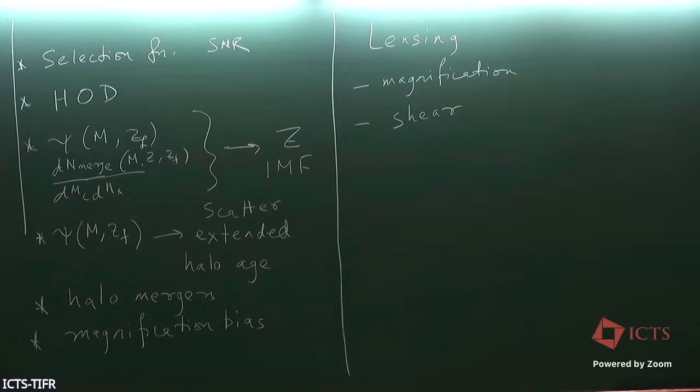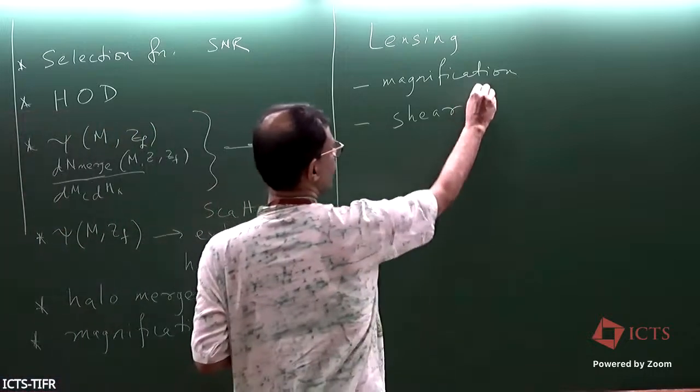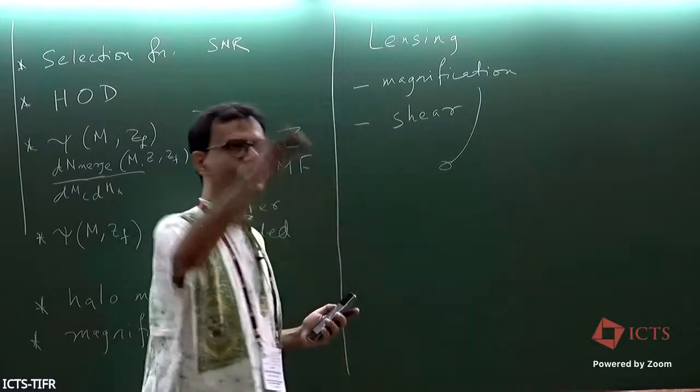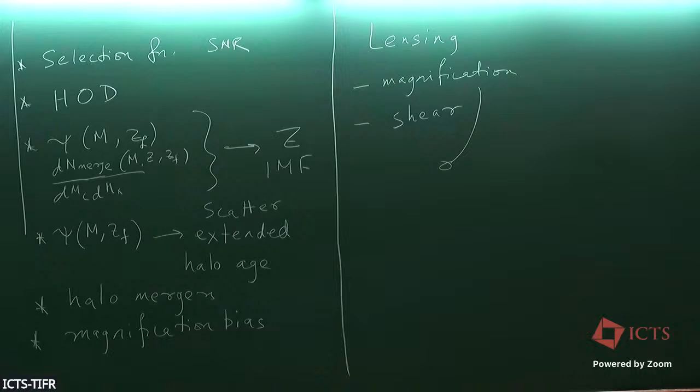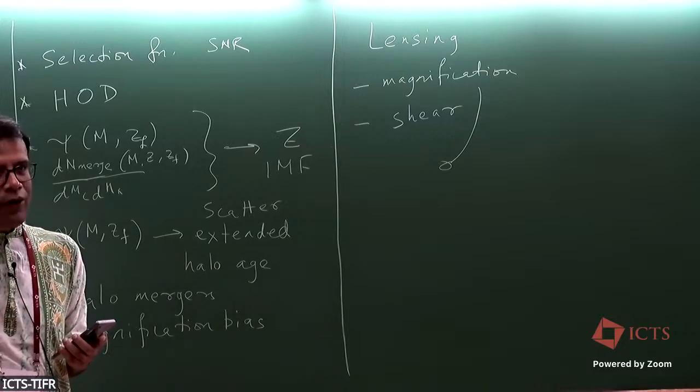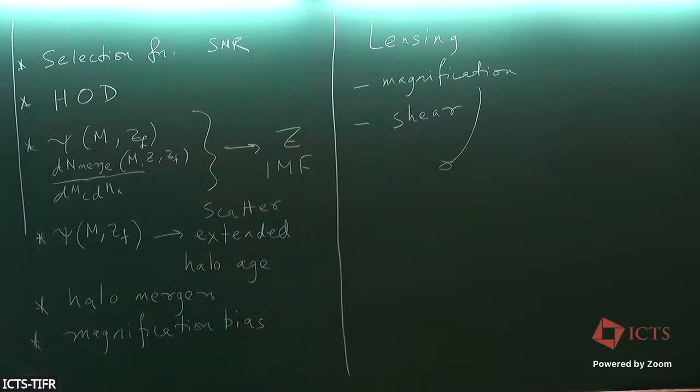Suppose you are observing a set of sources; your detector or telescope will have some flux limit. You won't be able to observe sources fainter than that limit. Because of magnification, some of these fainter sources will now enter your detection threshold.